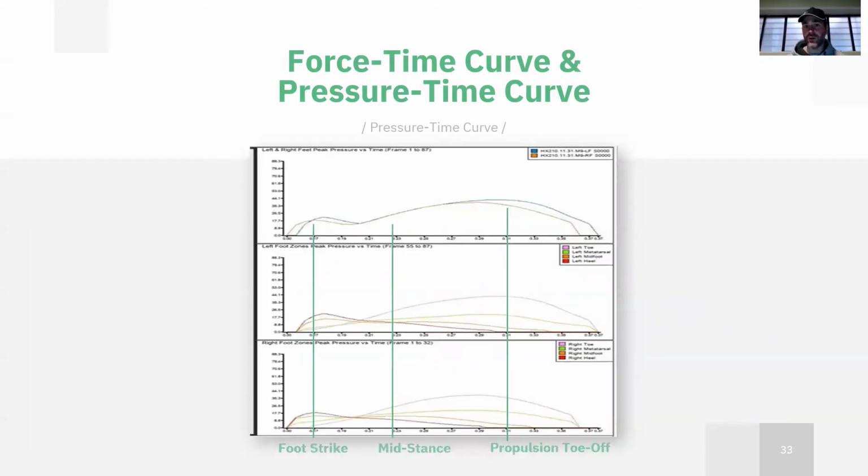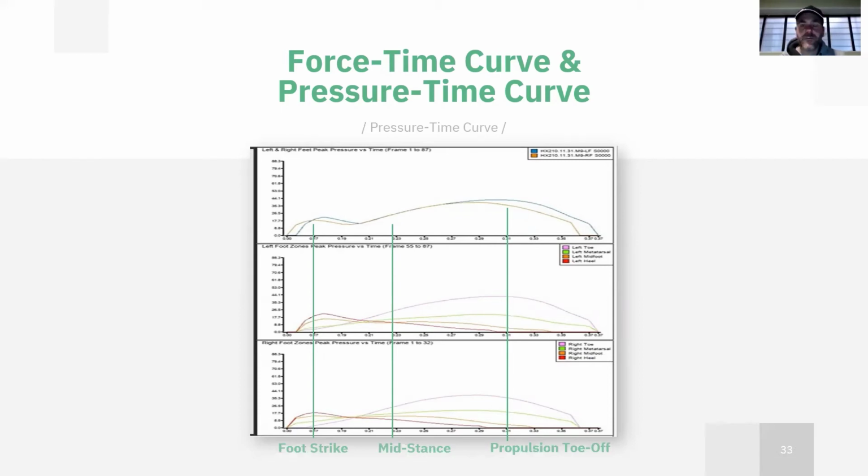This is another example. This is a pressure time curve. You can identify the foot strike phase, the mid stance phase, and the propulsion and toe off. You can look at how the left and right side are similar in terms of pressure application by analyzing the left and right peak pressure.